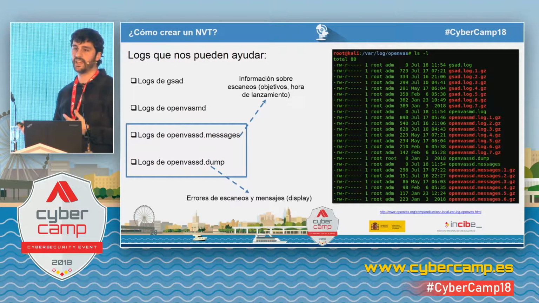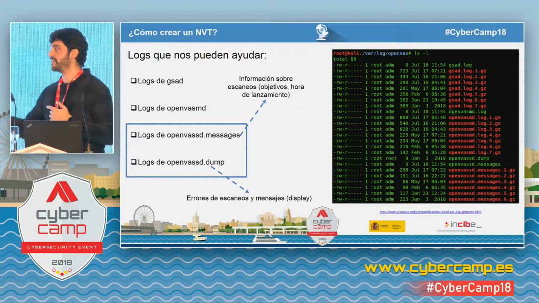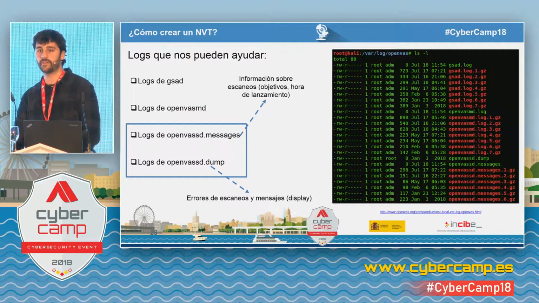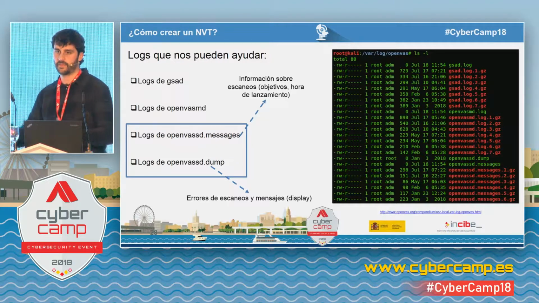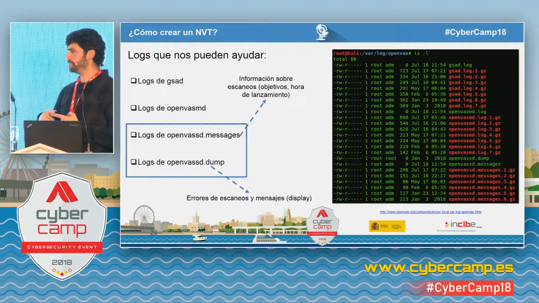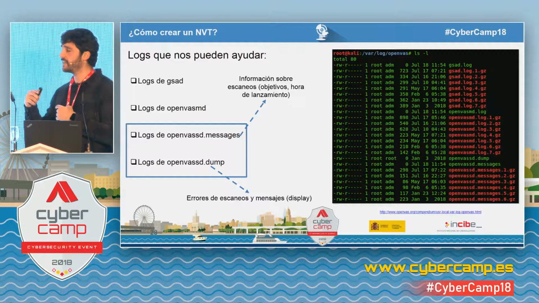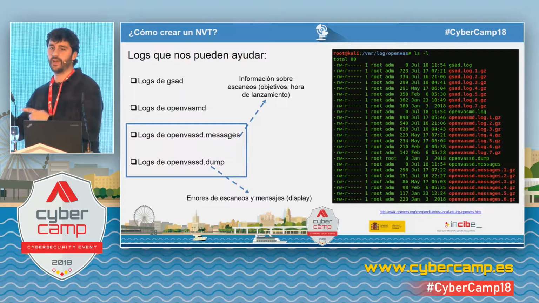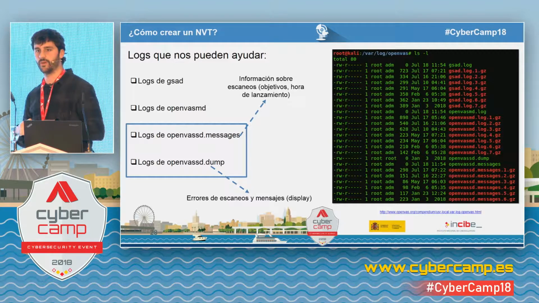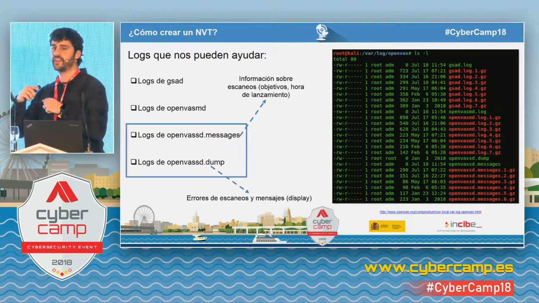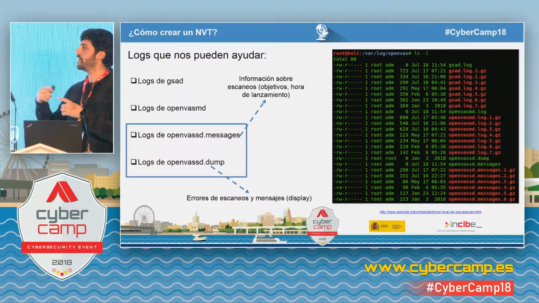Here we will have a log of scanning errors and messages, but messages all display. It means that there is a function inside OpenVAS dump where you can do printf or any other command, where you can comment and say, well, this is happening here, and then you will get that later on in your log.